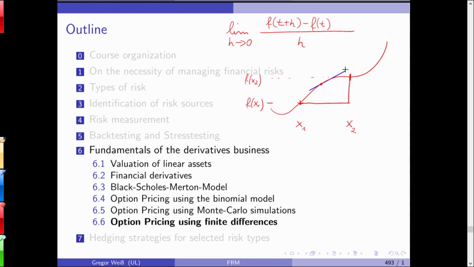How can you approximate it? By using a triangle. And the triangle would look like this.